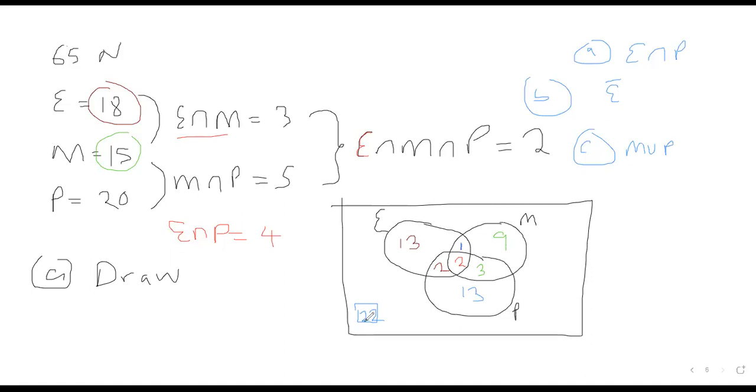Let's see if they're following. So for A, it's 2.